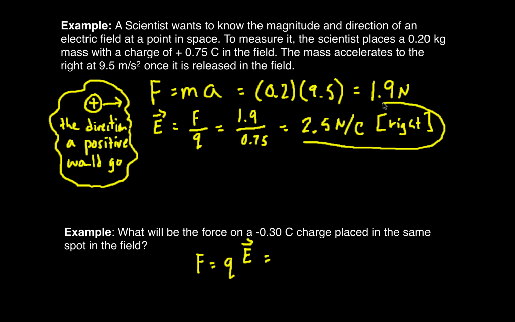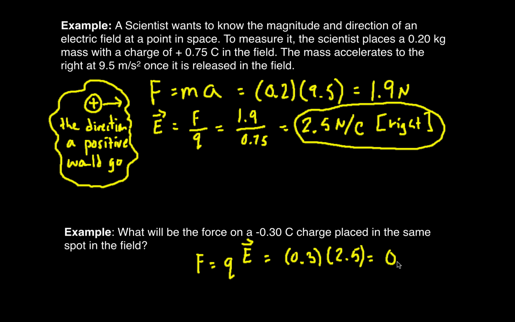We calculated it in the previous example. So we have 0.3 times the magnitude of the field. Now I didn't put the negative in for the negative 0.3 because this formula only gives us the magnitude and not the direction. We're going to need to determine the direction on our own, so I left the negative out so it won't confuse us.